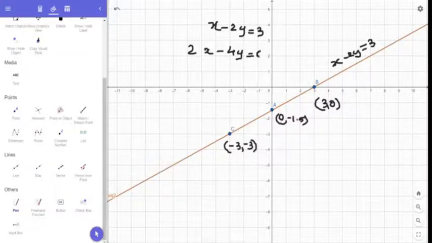Okay. So these two equations form a straight line. There is a connection. Can you see? If I multiply this whole first equation x minus 2y equal to 3 by 2, then I'll get 2x minus 4y equal to 6. Okay. So the second one and the first one, it is one and the same line. Only it is written in different form.